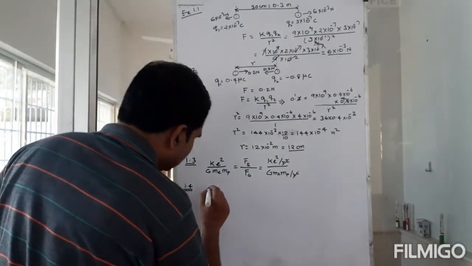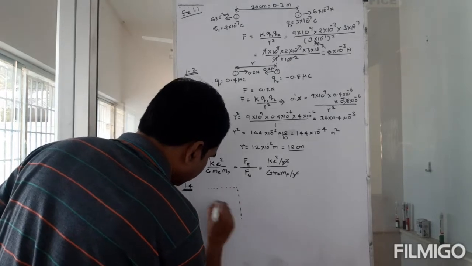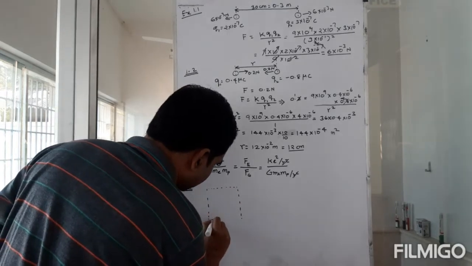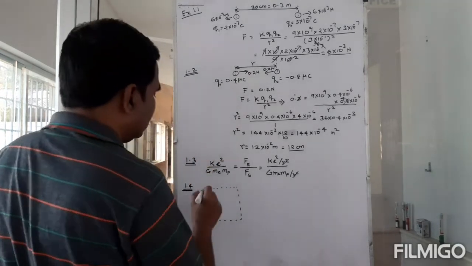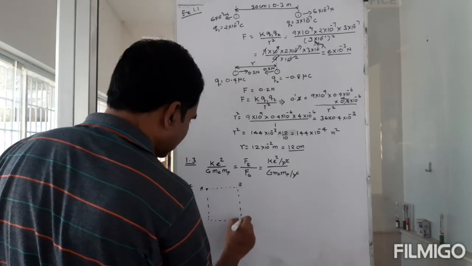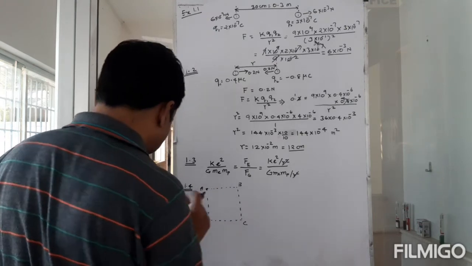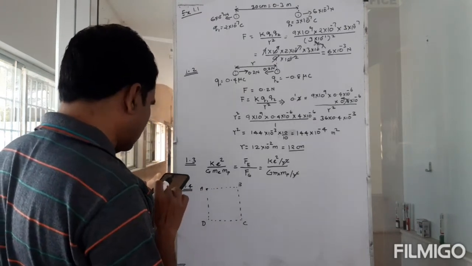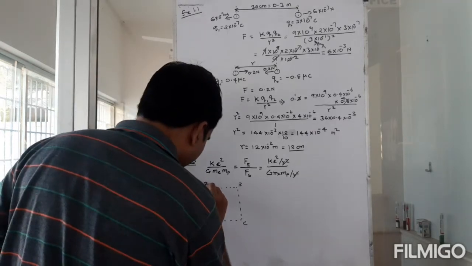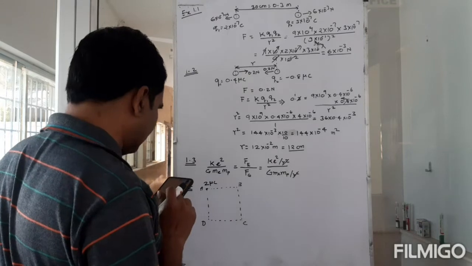So I have a square. Now this is A, this is B, this is C, and this is D. What is the charge I have here at A? It's 2 microcoulomb. And what's the charge at B?